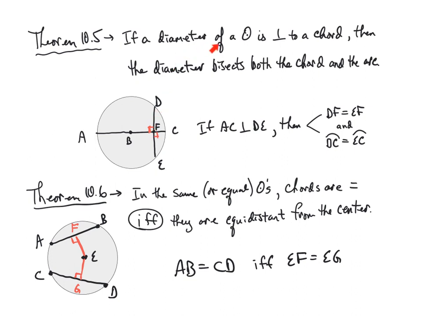So the theorem says if the diameter is perpendicular to a chord, then the diameter bisects, remember bisect means cut into 2 equal parts, both the chord and the arc.